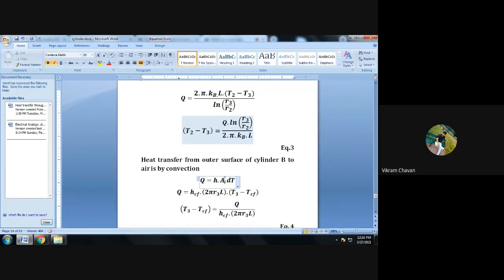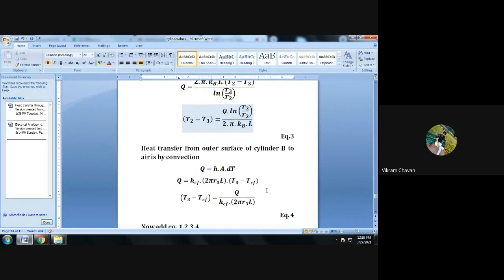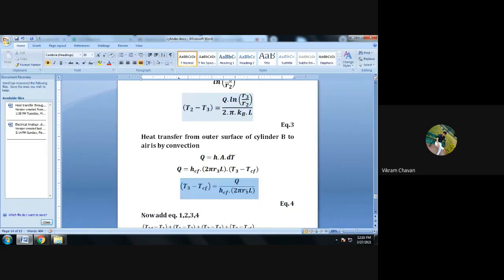Now we have to convert this equation. Have you written this equation? Then we have to convert this equation in the form of a temperature difference.